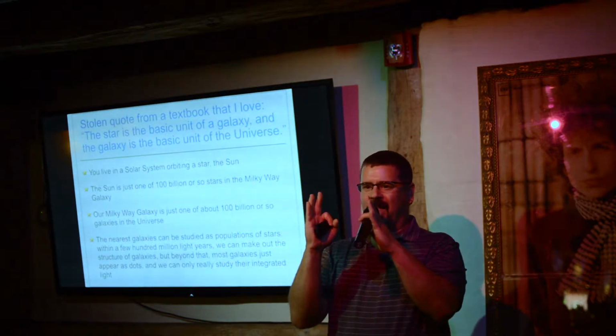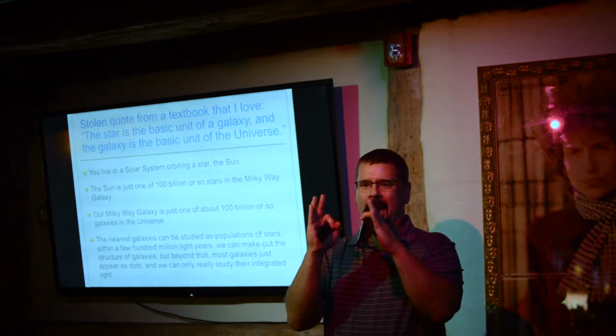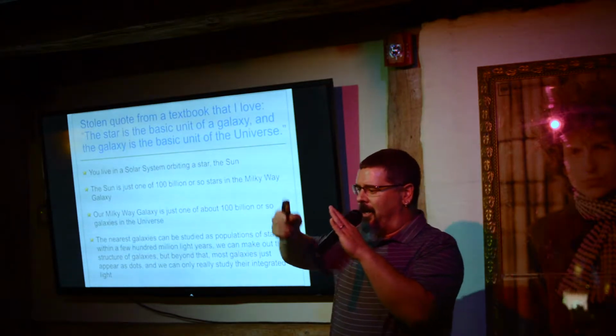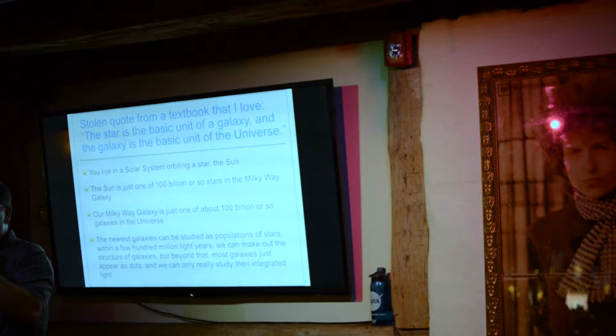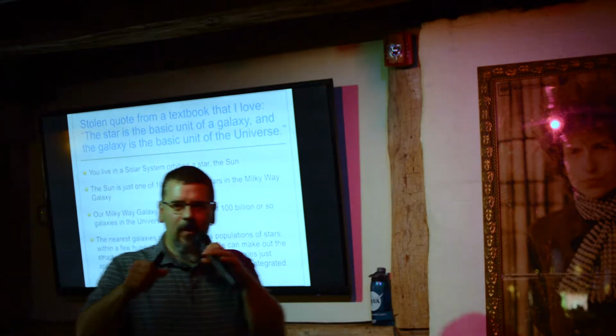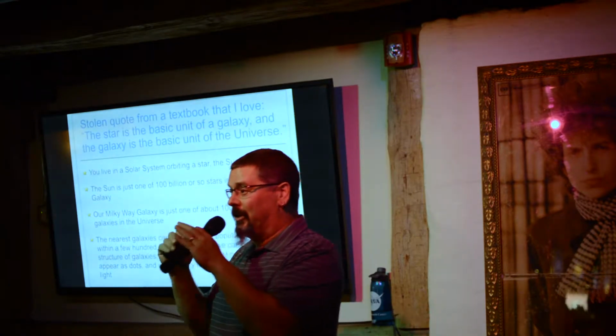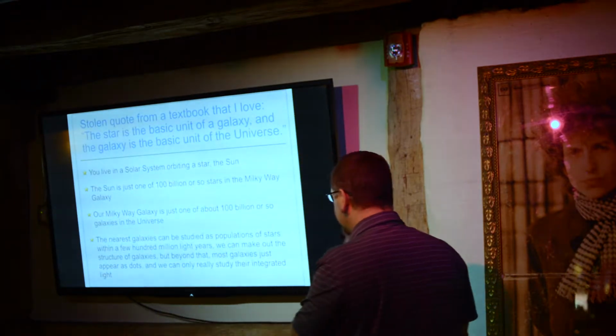Well, if you think about that distance between us and Pluto right now, if you lay 100 million solar systems edge to edge, that would cover about the size of the Milky Way galaxy. So our galaxy is about 100 million times larger than our solar system.